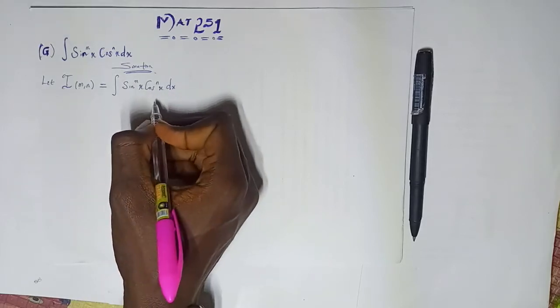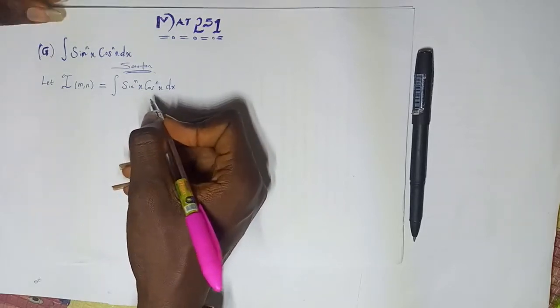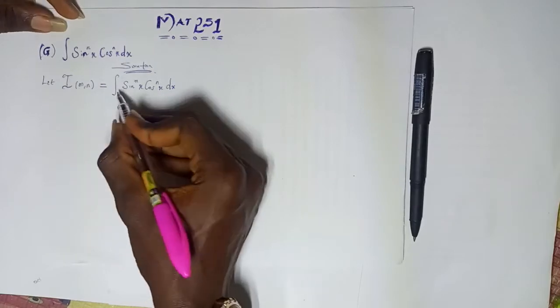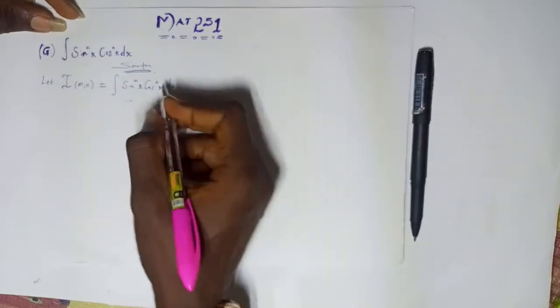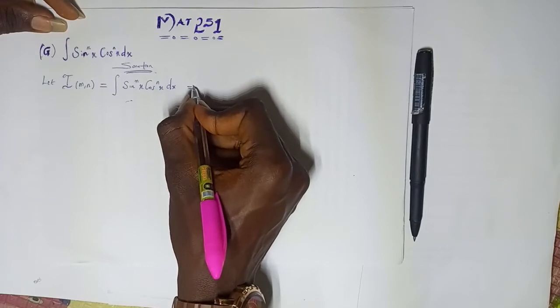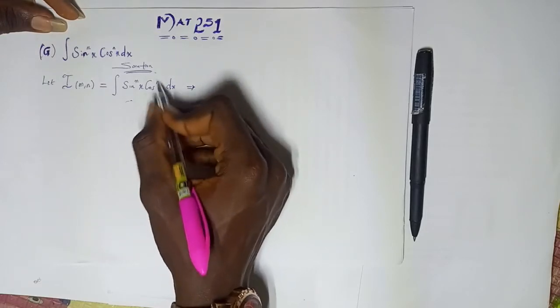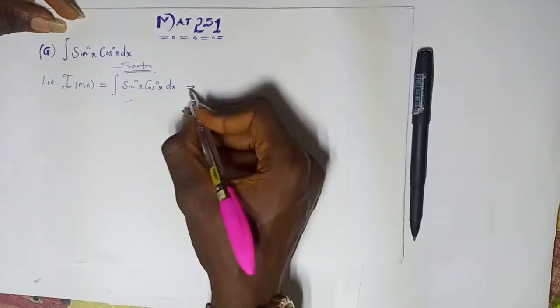Remember this is the first thing we used to do: we make an assumption. Then after making I of mn equal to this, we decide to reduce the other part, which is cos nx.